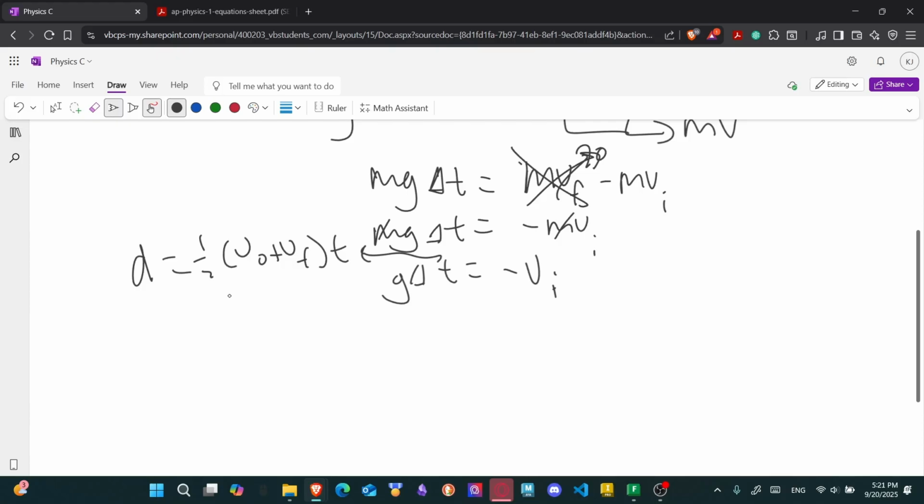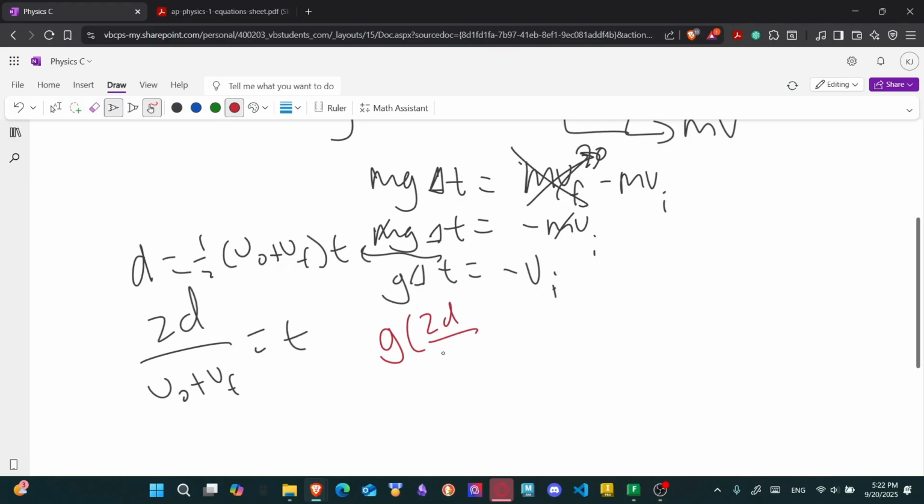Okay, so now in order to solve for t, you use some simple algebraic steps. So multiply 2 on both sides, then divide by v initial plus v final, which is equal to t. So plugging it back in, we get g times 2d over v final plus v initial, equal to negative v initial.